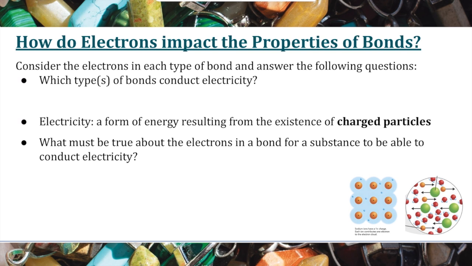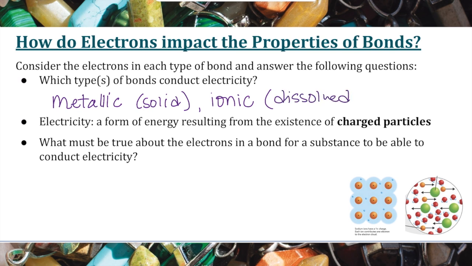What we discussed yesterday is that metallic bonds are going to conduct electricity as a solid, and that is the only solid that's going to conduct electricity. And then ionic bonds conduct electricity when they are dissolved in water.